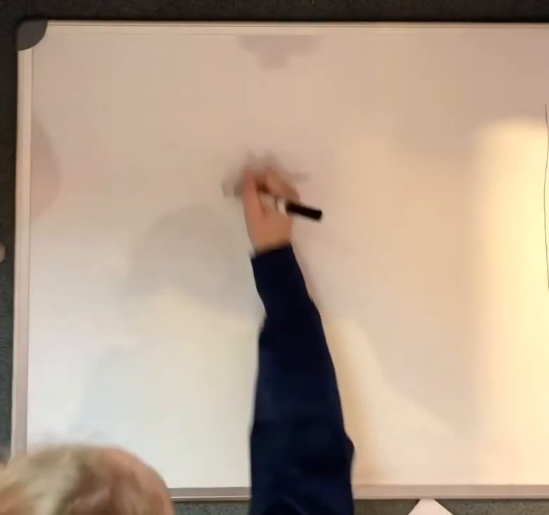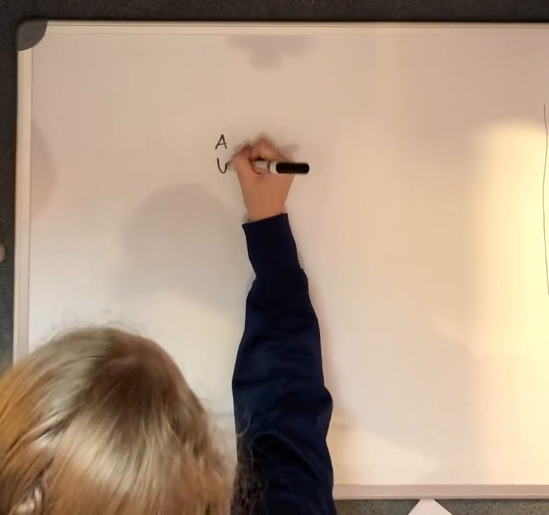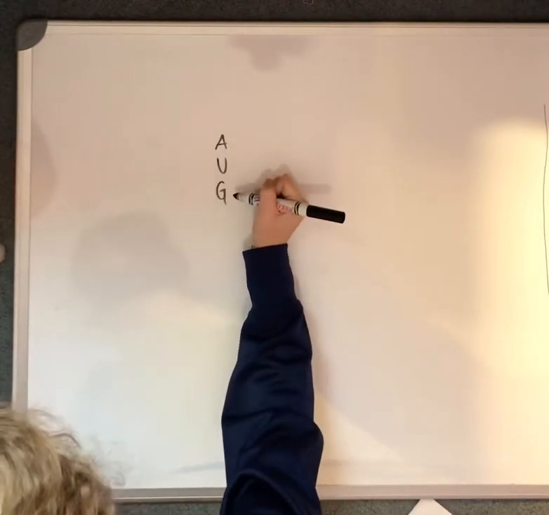Okay, so we have this mRNA molecule, which is AUGCGU.